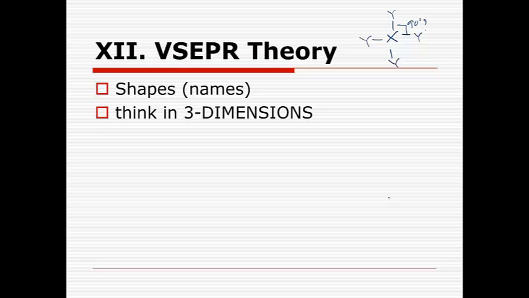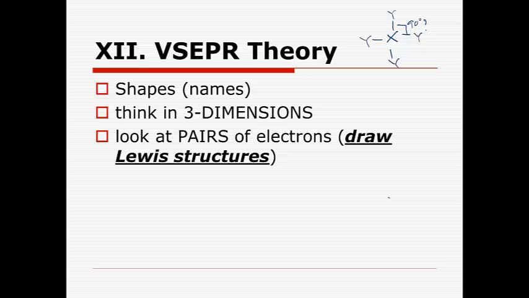So think in 3 dimensions and look at the pairs of electrons. You have to draw the Lewis structure. If you draw the Lewis structure wrong, your shape is going to be wrong. Pairs, don't forget, includes bonds and also non-bonding electron pairs.